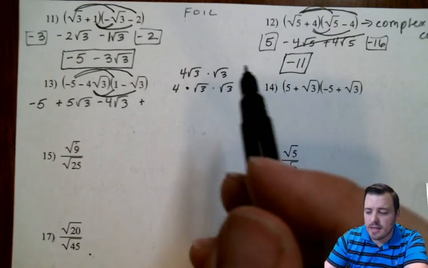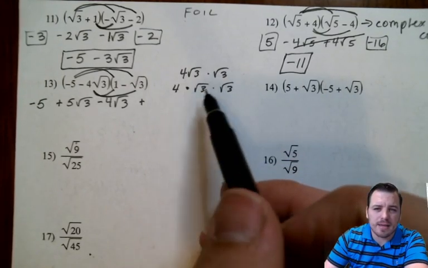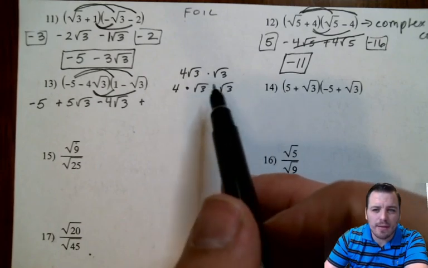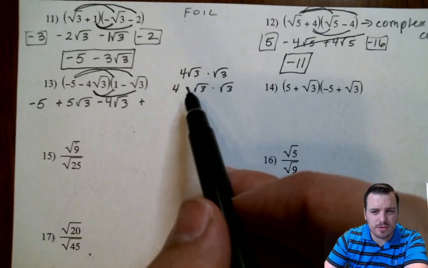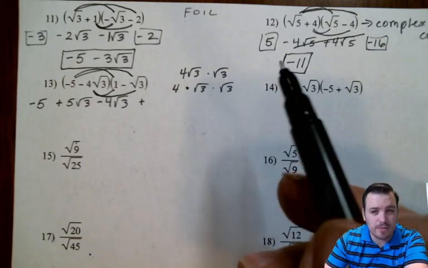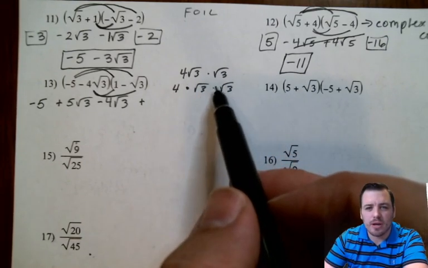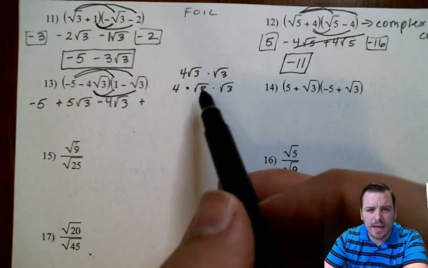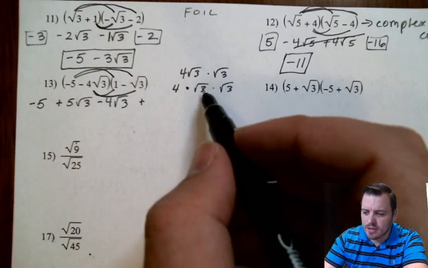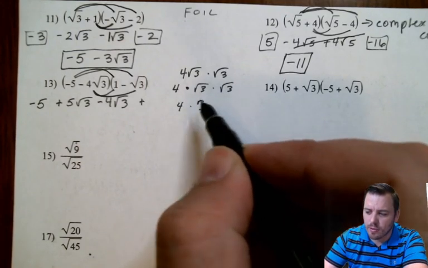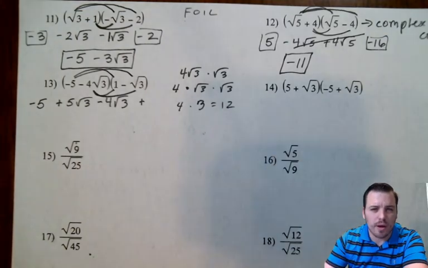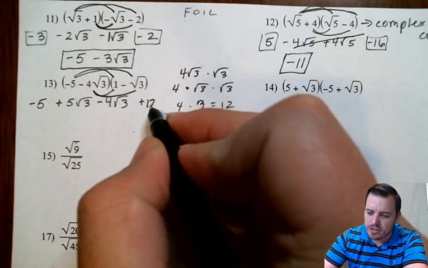Now, the cool thing is it doesn't matter which way you multiply. So you can multiply this first or this first. Now, with addition and subtraction, it does matter, order of operations. But with multiplication here, you can do this first and then that, okay? So radical 3 times radical 3 is 3, and then drop your 4 down, that equals 12. So that's actually plus 12.